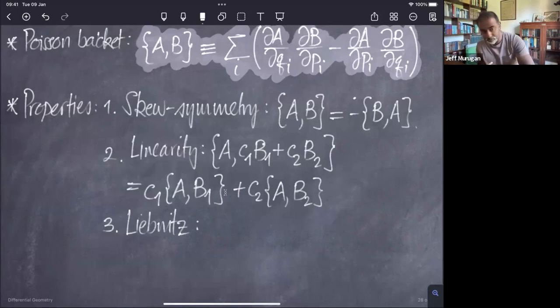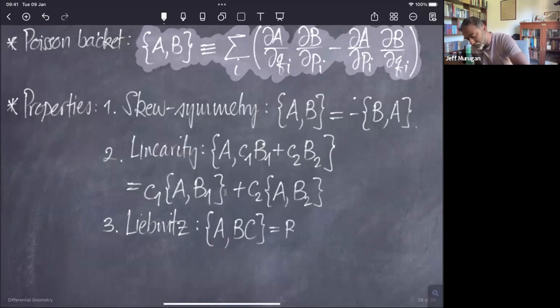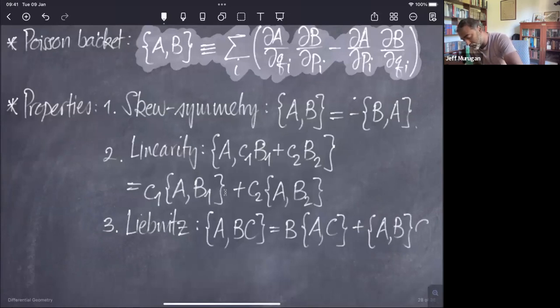And you can use this to show that A bracket BC is B times A bracket C plus A bracket B times C.